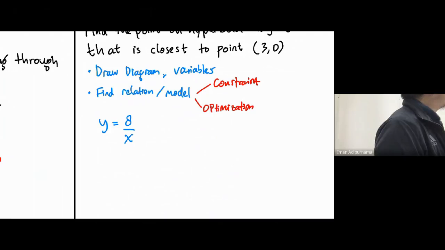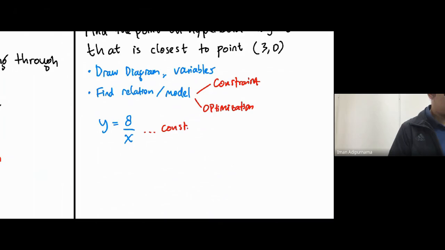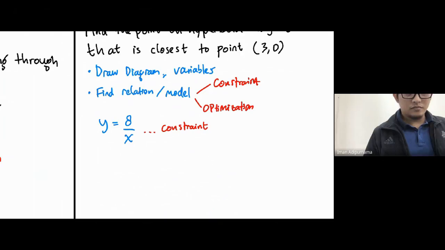So I think our hyperbola will be our constraint. And our optimization will be the distance.